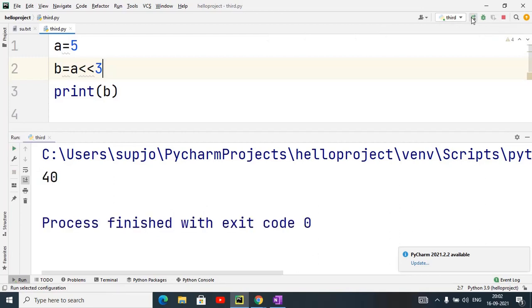It means the final value gives multiplication by 2. The last value is 20, next 20 into 2 is 40, next 40 into 2 is 80. So each time it multiplies the previous result by 2. It is working like this, that is the mechanism.